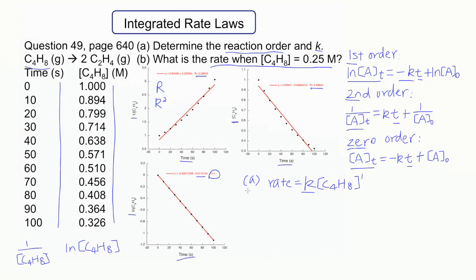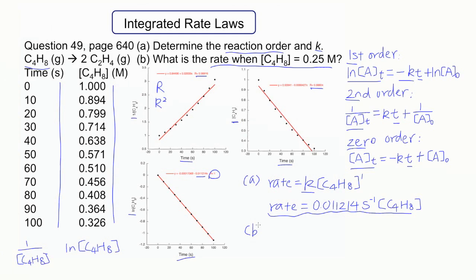You just take the absolute value of the slope, and that is your value of k. So the rate law of this reaction would be 0.011214 second to negative 1. Remember when we discussed the unit of the first order reaction, it's time to negative 1. Time here is in seconds, so it's second to negative 1 times the concentration of C4H8, first order reaction. You don't have to show the 1. All right, we solved our problem A, the rate law of the decomposition reaction of C4H8.